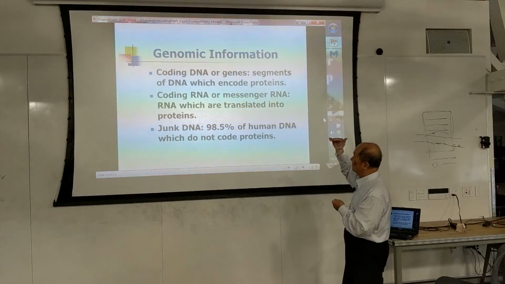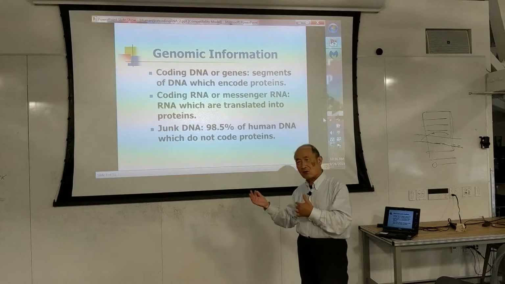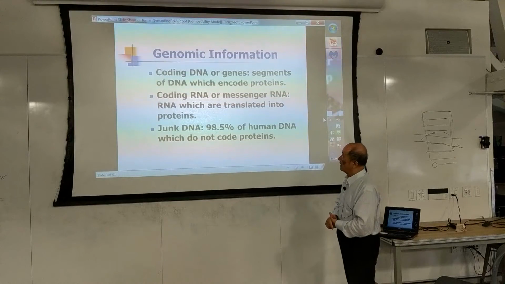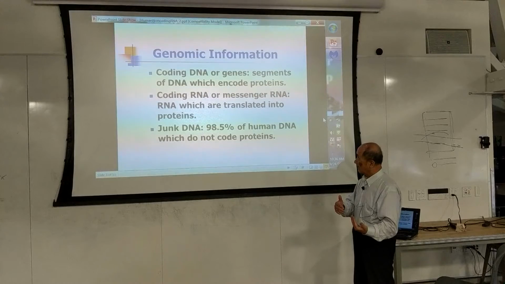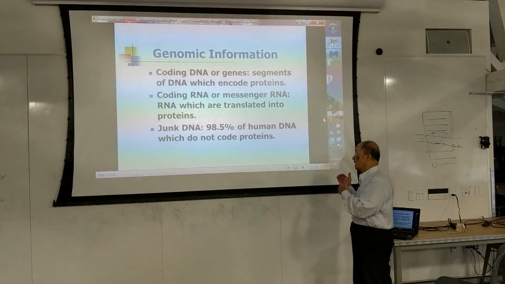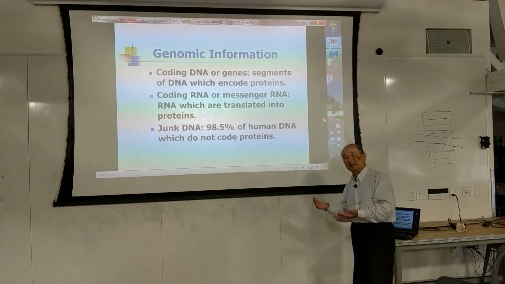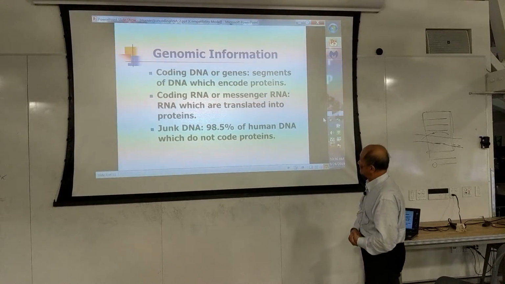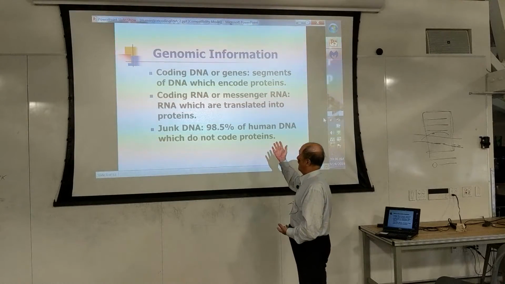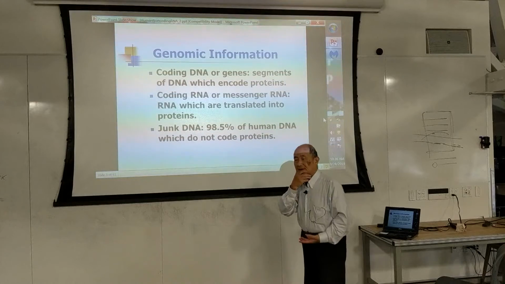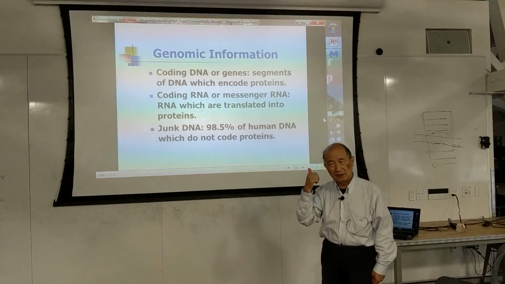It transcribes the protein code from DNA to RNA. And the code in RNA is translated into a protein, into many proteins. So that's most of our understanding of the DNA. We know coding DNA, which builds protein.